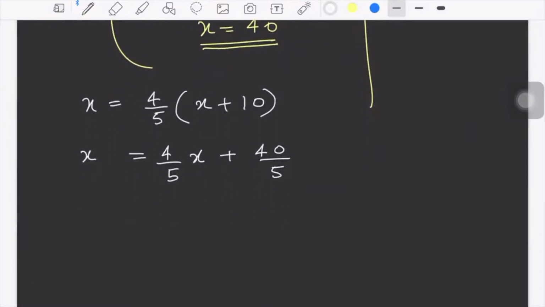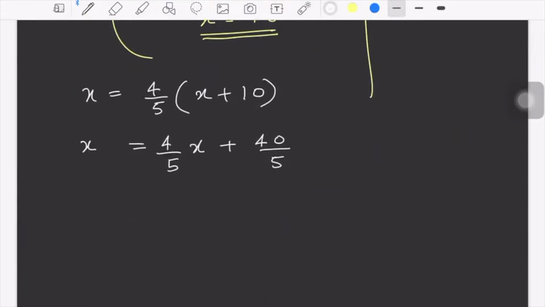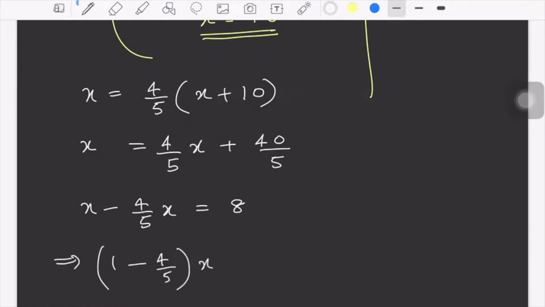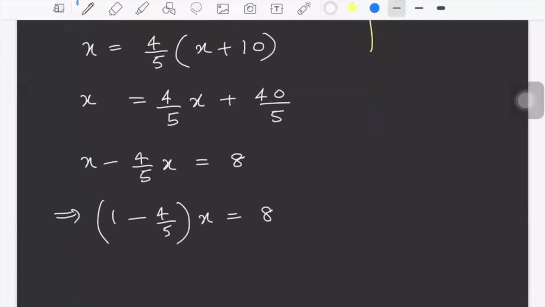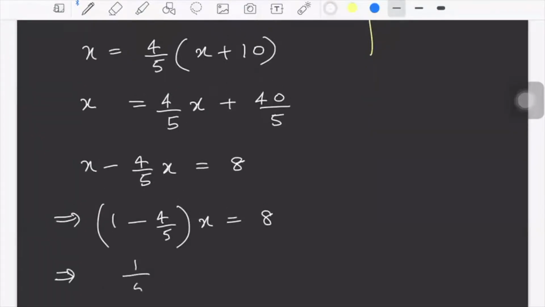Okay. Now you bring every x to one side. So you have x minus 4 by 5 times x is equal to 40 divided by 5, which is 8. So we have 1 minus 4 by 5 times x is equal to 8. So we have 1 by 5 times x is equal to 8.